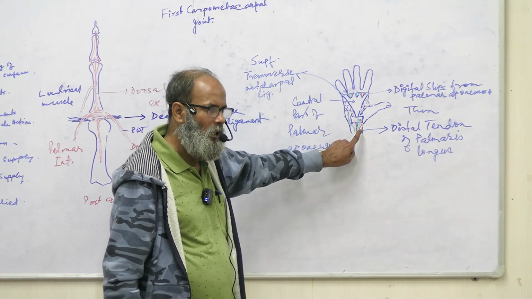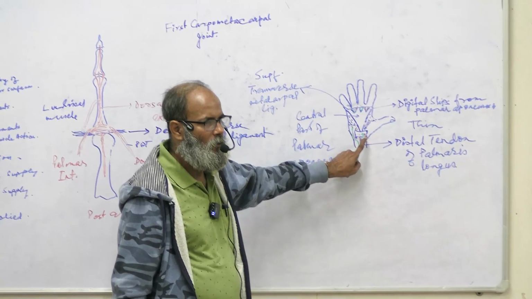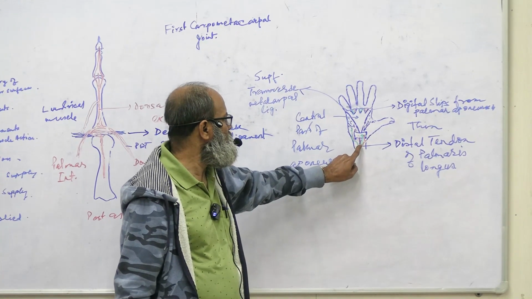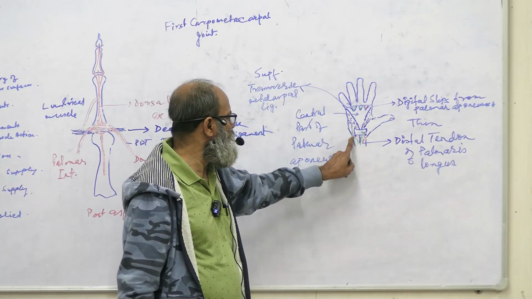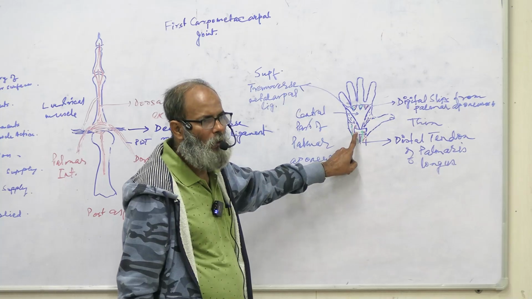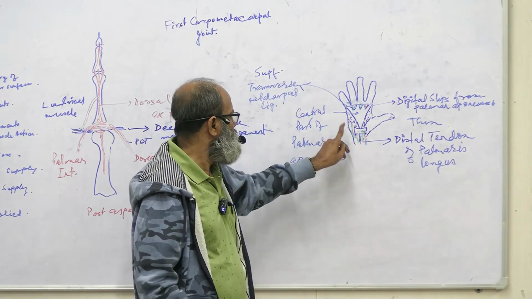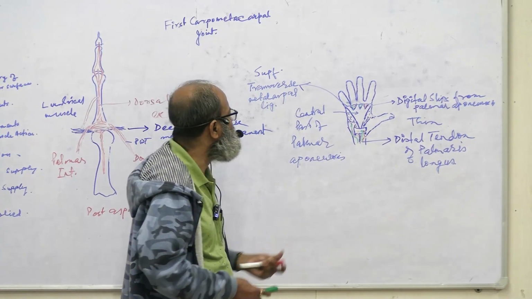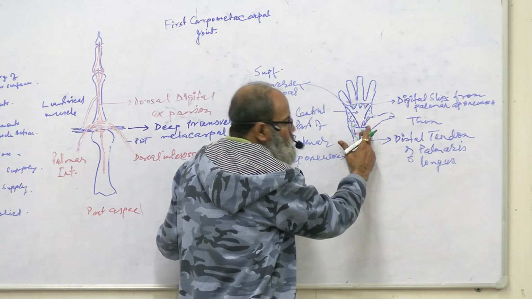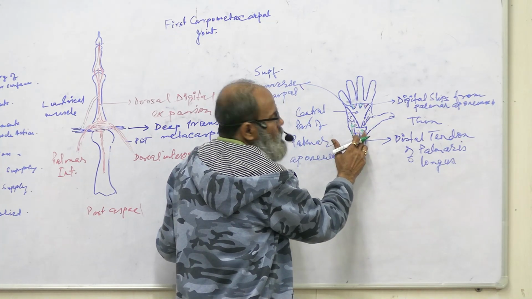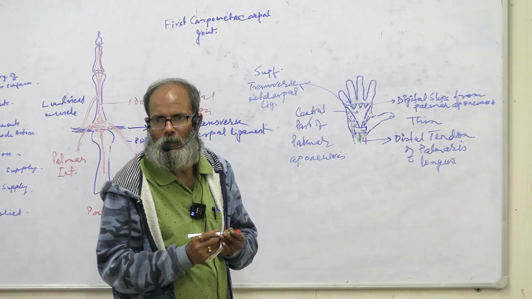This is the median nerve, and this is its palmar cutaneous branch. This is the ulnar artery, and this is its superficial palmar branch. This is the ulnar nerve, its superficial division, and this is the deep branch. This is the hook of hamate, this is the crest of trapezium, this is the pisiform, this is the tubercle of scaphoid. This outlines the boundary of flexor retinaculum.